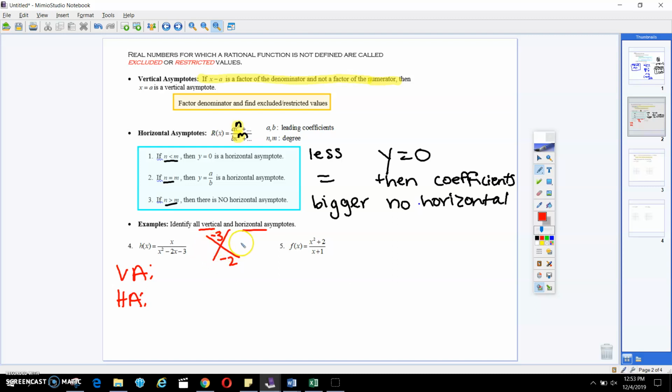What two numbers will make that happen? -3 and +1, right? So I could rewrite this denominator as x minus 3 times x plus 1. So what are my vertical asymptotes going to be? x equals 3 and x equals -1.